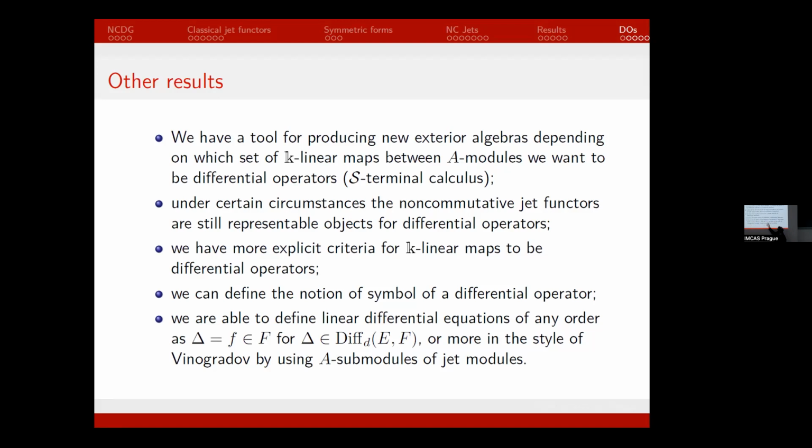But if we want to proceed more in the style of Vinogradov, by seeing differential equations as submanifolds of jets, we can take as a definition of linear differential equation an A submodule of the jet bundle, and this would be a homogeneous differential equation, and to that will correspond a non-homogeneous one by taking a different.